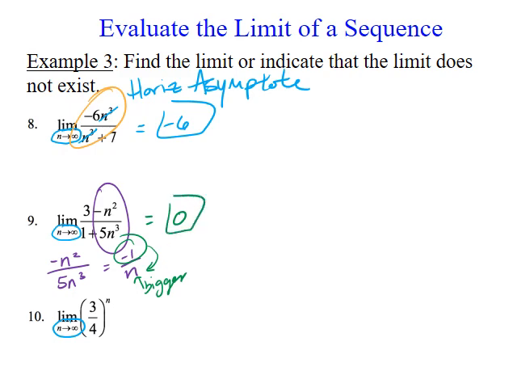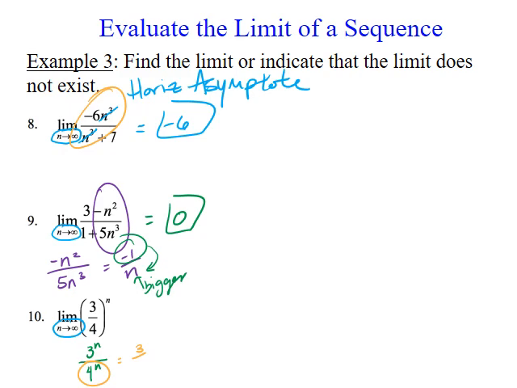Now this one here is a little bit different. You can think of this as 3 to the power of n over 4 to the power of n. So if we plug in bigger and bigger numbers, the denominator is going to increase faster because it's bigger. And if you want to write down a few of these terms, you can.